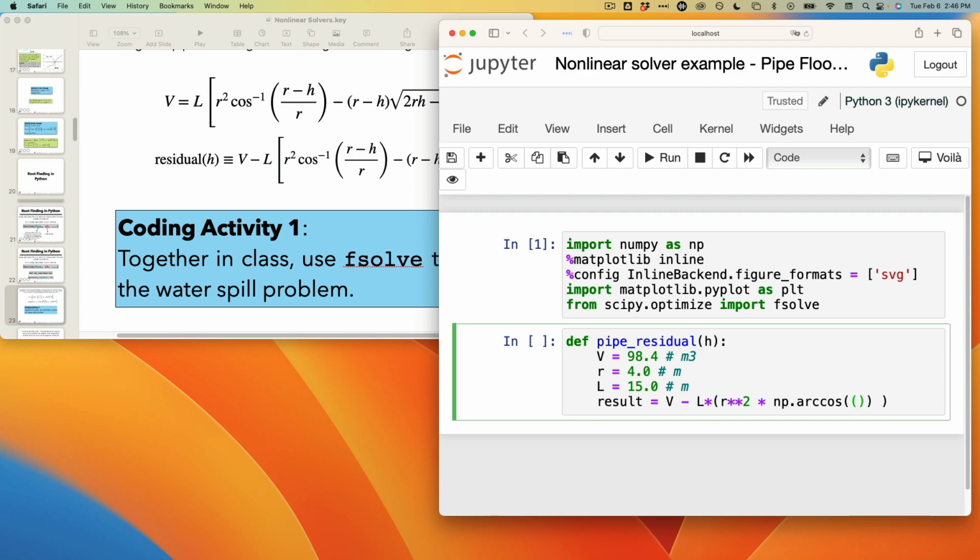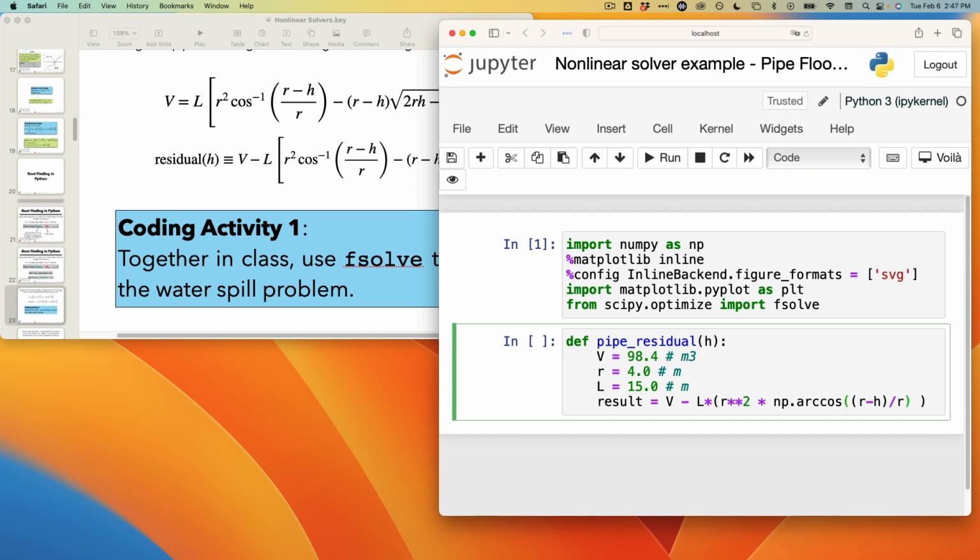So only NumPy arccos will take a NumPy array, not the math arccos or any other arccos. That's why I like to use the NumPy library for these things. So arccos of R minus h over R.